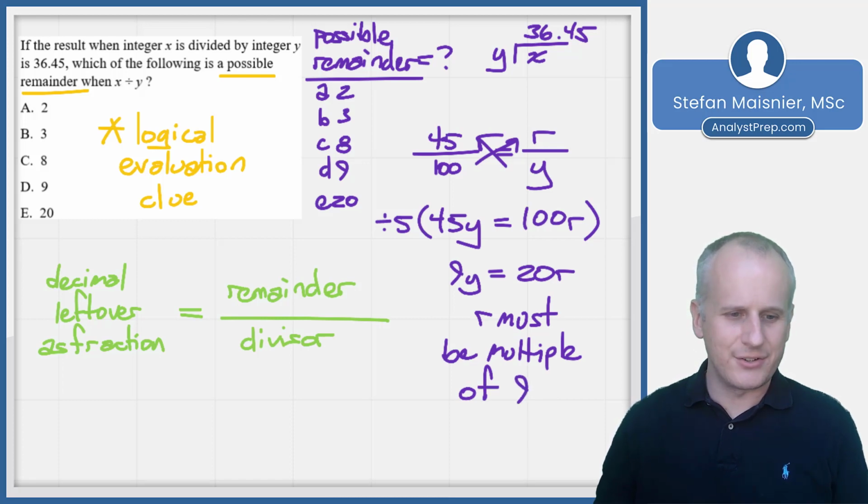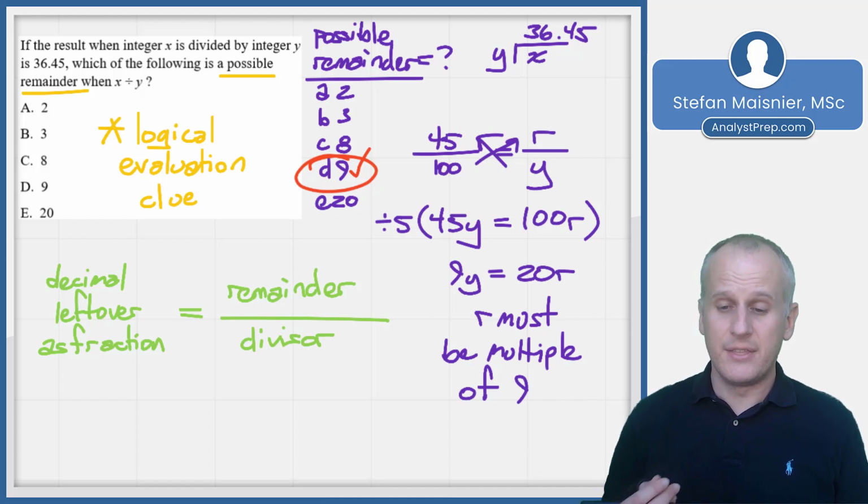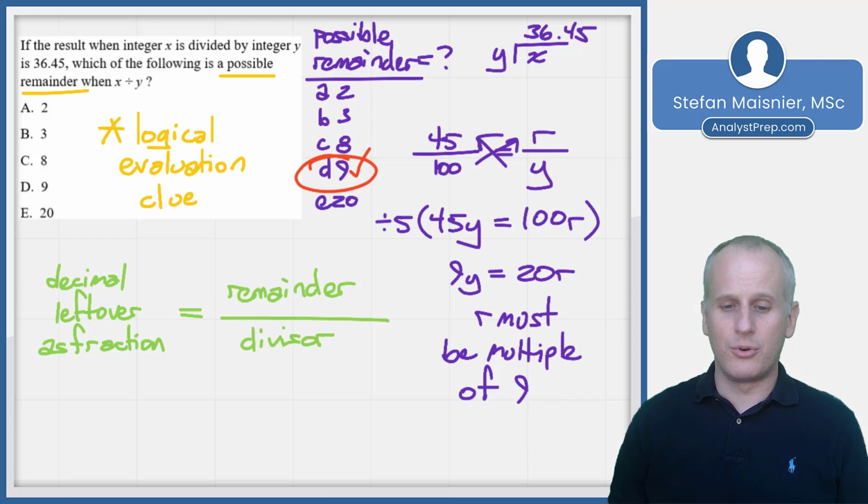And the only answer choice that is a multiple of 9 is choice D. And I don't want to fully calculate. I just know that logically that must be the case, looking at the relationships and understanding that there's no multiple or factor of 9 within the 20, so it has to be in the r. That tells me that r has to be a multiple of 9, and our correct answer here will be D through logical evaluation using that technical representation of the relationship between remainders, divisors, and those decimal leftovers.